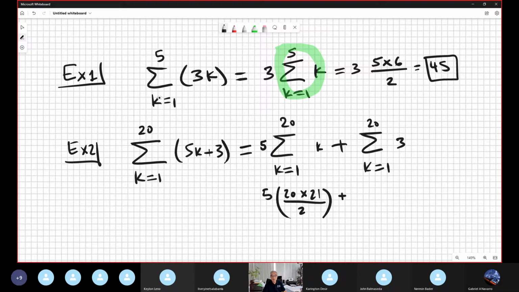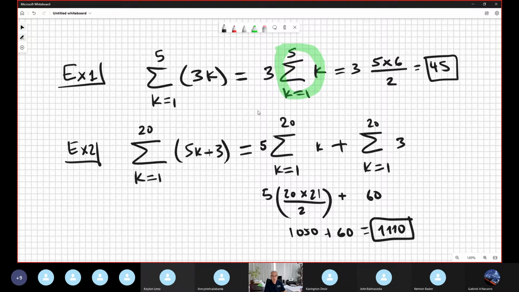And this is a constant, so you multiply 3 times 20, which is 60. So you compute this: 1050 plus 60 is 1110.